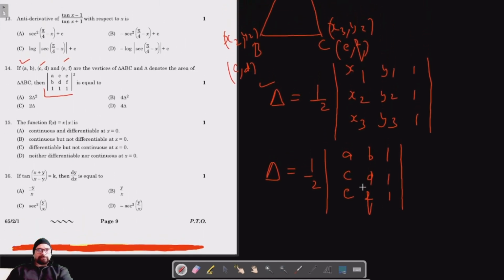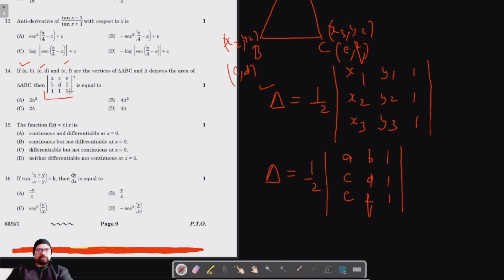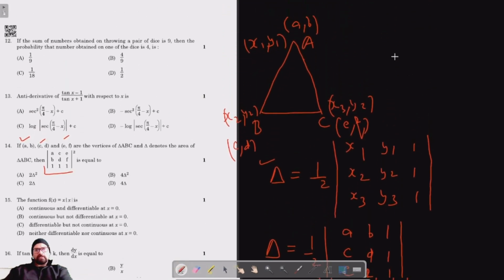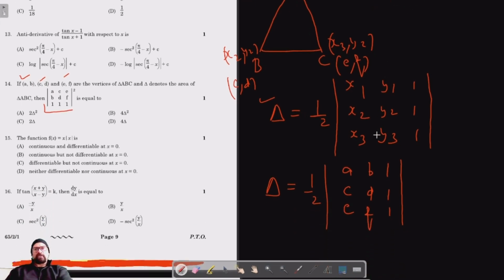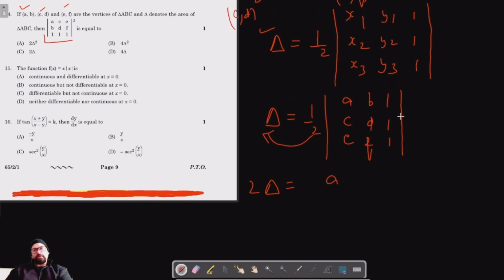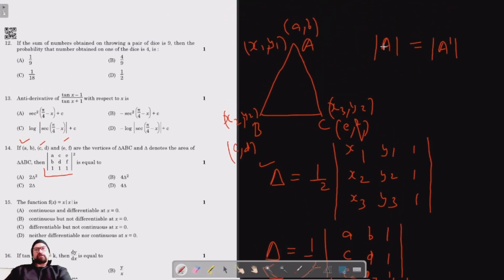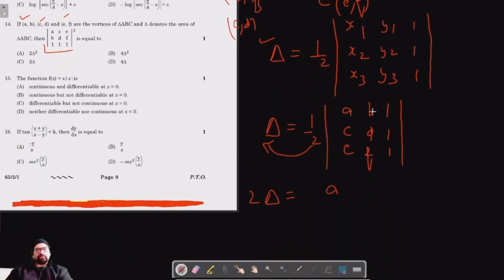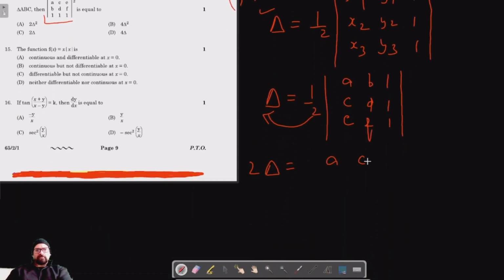Now, our determinant is A, C, E, B, D, F, and we know that either we find the determinant of A or the determinant of the transpose, it's all equal. So I can make the transpose of this. Let's shift to this side. So 2 delta is equal to, I can make the transpose because determinant of A is always equal to the determinant of the transpose of A. So this is A, C, E, B, D, F, and 1, 1, 1.